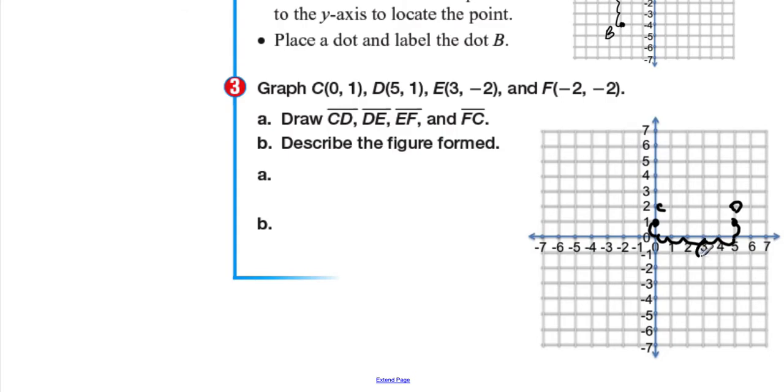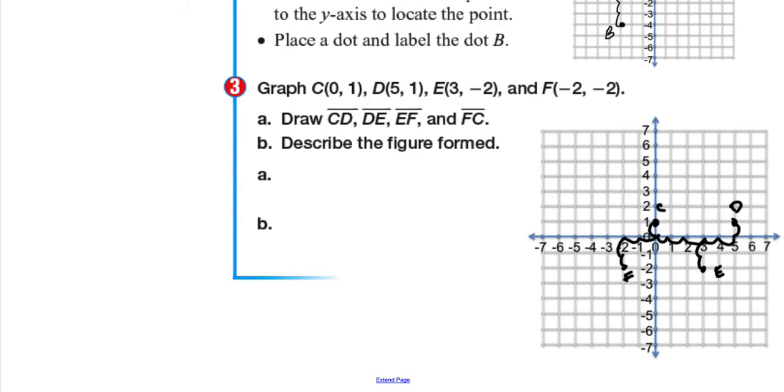So this is point E. Finally, let's graph point F, which is negative 2, negative 2. We go 2 units to the left and 2 units down. This now becomes point F.